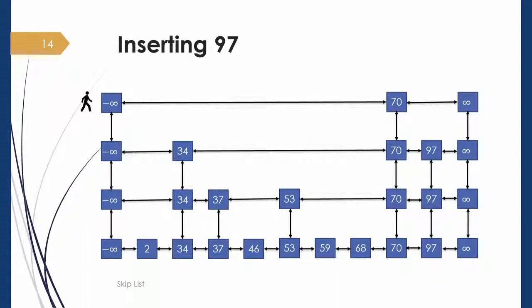Well, 97 always has to be included in the lowest level, and because we saw 2 heads before a tail, it also has to be included in level 1 and level 2, but not in level 3. So, this is how the operations work in skip lists. In the next segment of our lecture, we will analyze skip lists to see how they perform in terms of running time, in terms of space complexity, and so on.